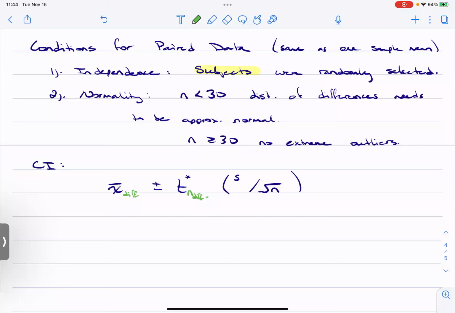The standard deviation of the differences, the n of the differences. Really no change except where the information is coming from.